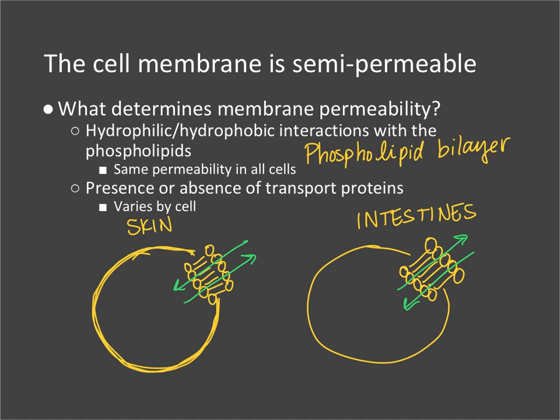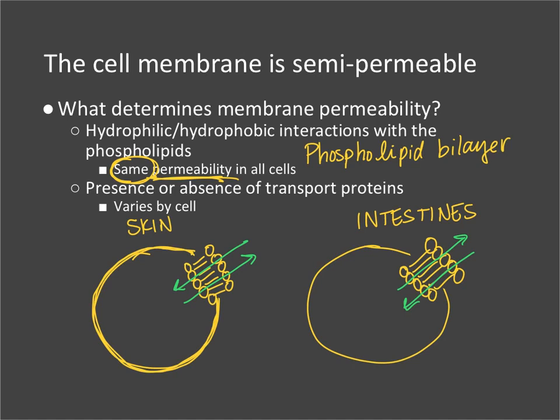Like we mentioned on the previous slide, the phospholipid bilayer is the same in all cells, and it means the same permeability. So if something can cross the phospholipid bilayer of one cell, it's going to be able to cross the phospholipid bilayer of all cells.